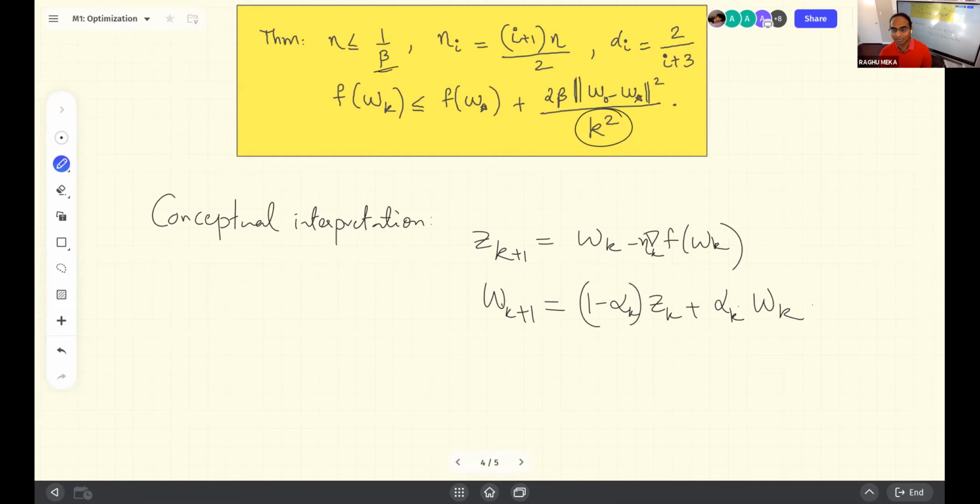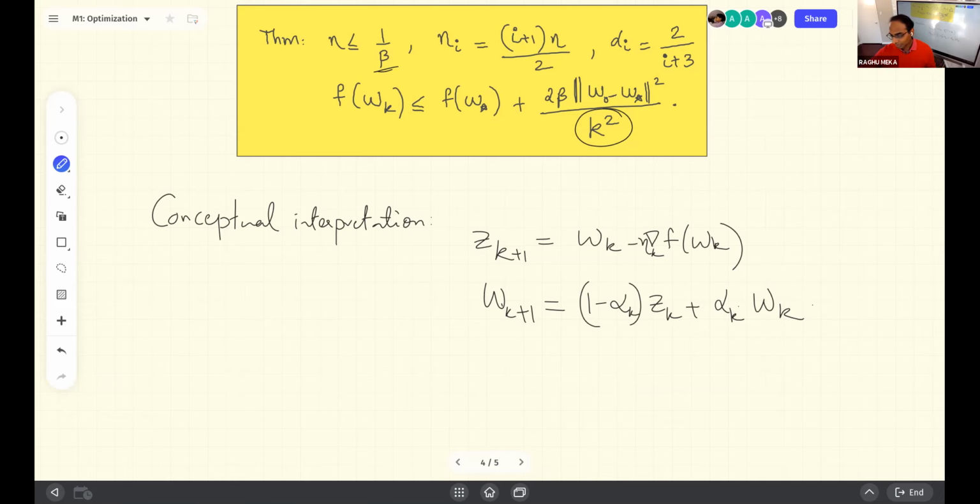It follows the same sort of inequalities, and the best place to look might be the survey paper that I linked on EdStem, which gives you a very nice analysis of the 2 methods, gradient descent and Nesterov's accelerated gradient descent, in some unified way. But I won't be covering it in this course.